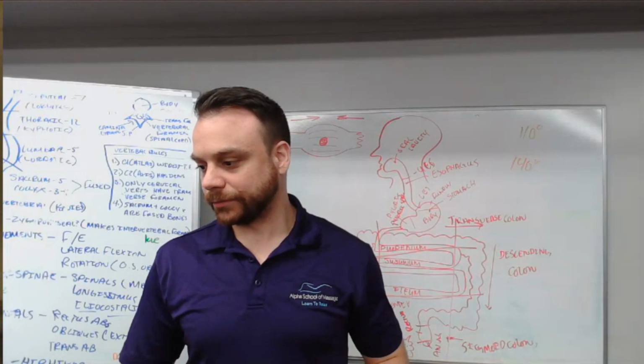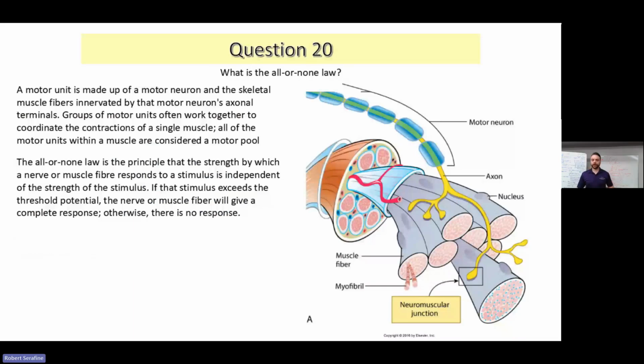We did skip something real quick though. We have what's called the all or none law, which is more related to the nervous system. So when we talk about stimulus threshold, at the point in which a stimulus is recognized and a response is produced, the response, or the output by that nerve, and in this case the muscular system as well, is done to its fullest capacity.